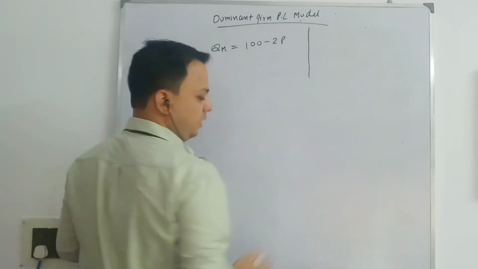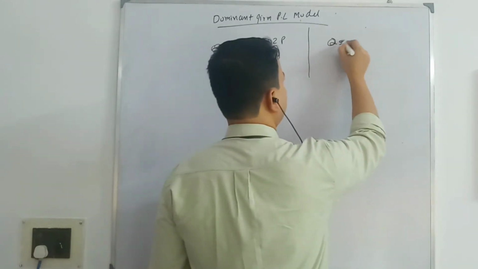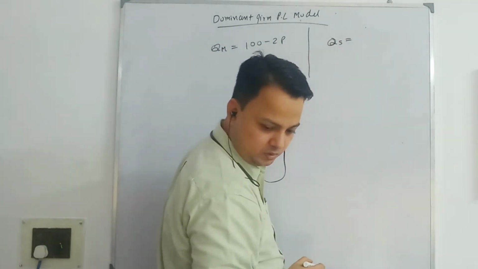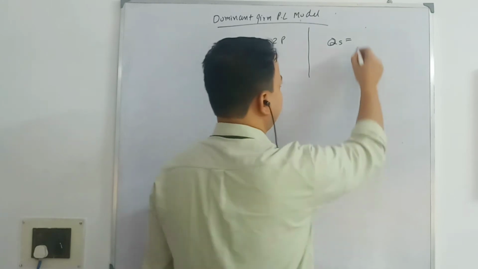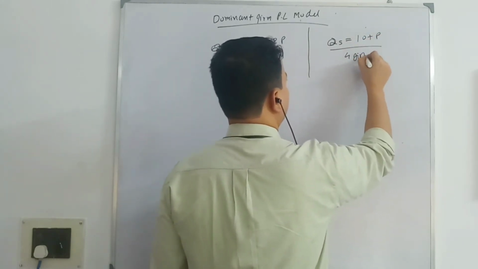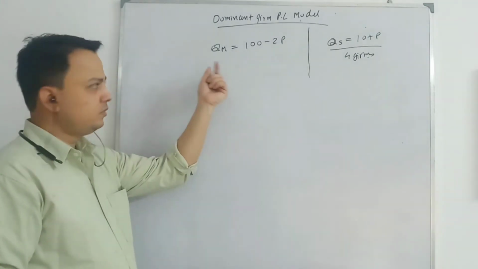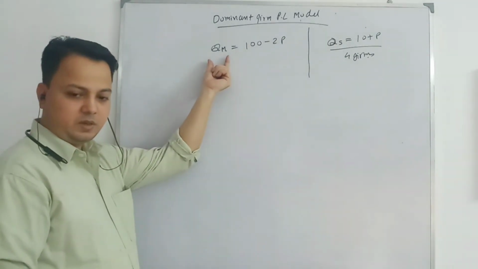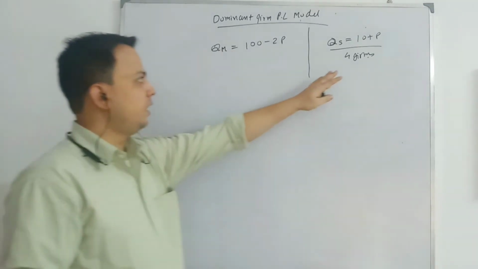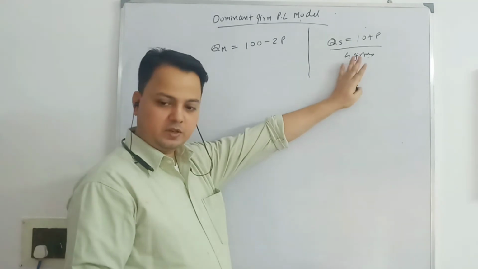And the total supply of these 4 small firms is QS equal to 10 plus P. We have 5 firms in the industry. One is the dominant firm. It estimated the market demand and the supply function for the 4 small firms.